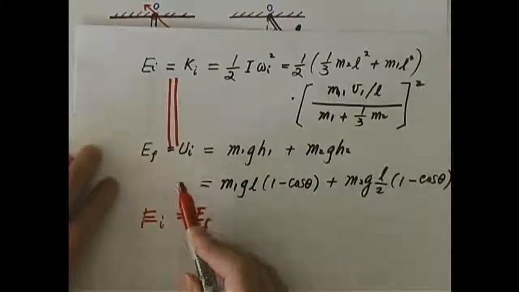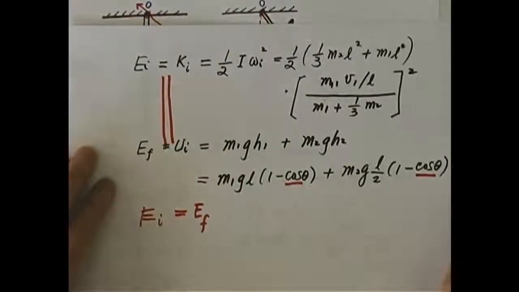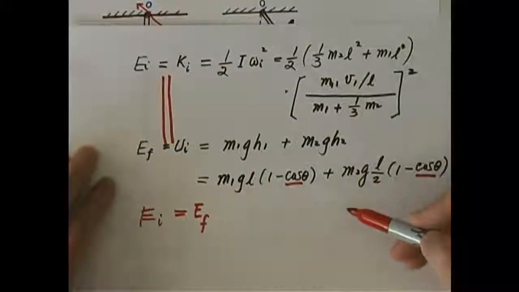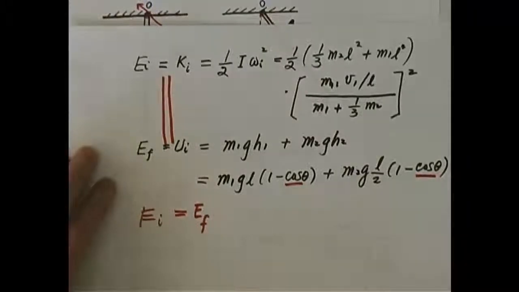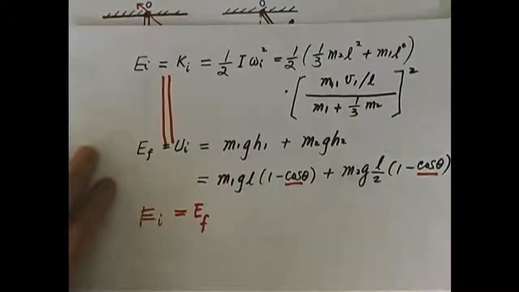And on this other side, the only thing you do not know is cosine theta. So you can then equate these two and solve for cosine theta. You can figure out how high it can swing before it stops. The remaining algebra is trivial, but we got the method for how to do this problem.